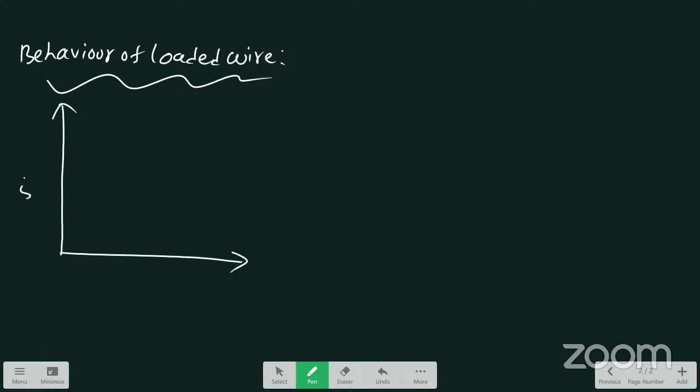This is stress. This is strain. Axis by axis.